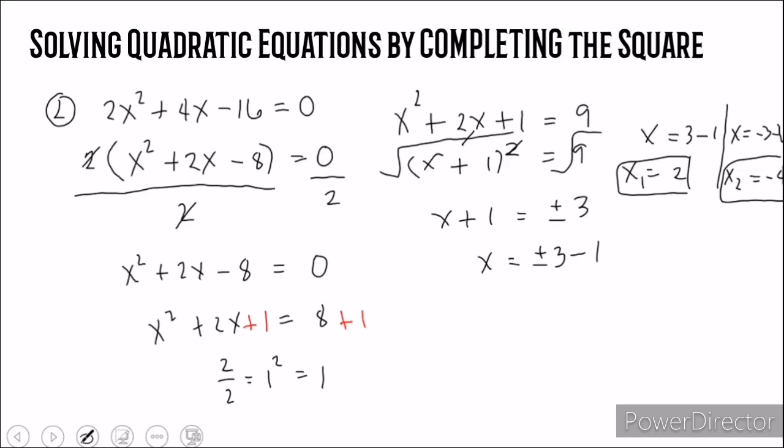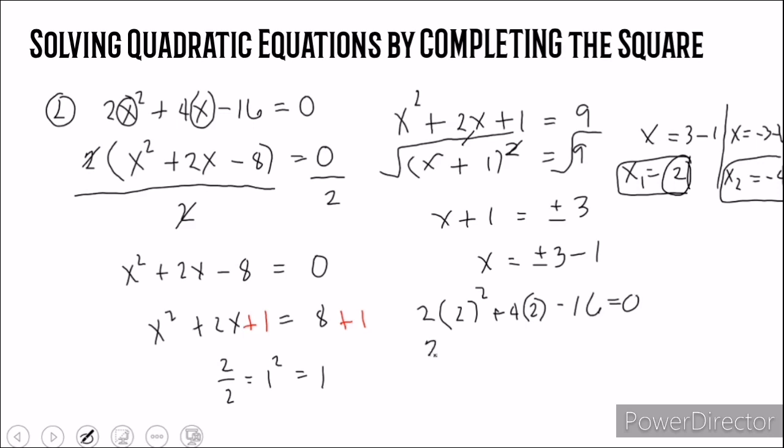Okay, so para malaman natin kung tama yung sagot natin, substitute natin yung values. So, dapat ang maging sagot natin ay 0. So, pag nag-0 siya at nag-equal sila, that means tama yung nakuha nating sagot. So, try muna natin tong 2. So, we have 2. Palitan natin yung x ng 2. So, we have 2 squared plus 4 times 2 minus 16, which is equal to 0.